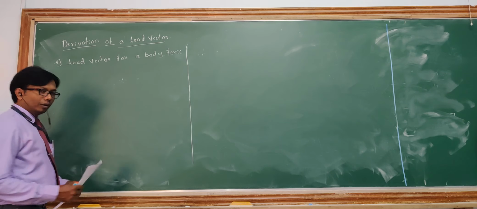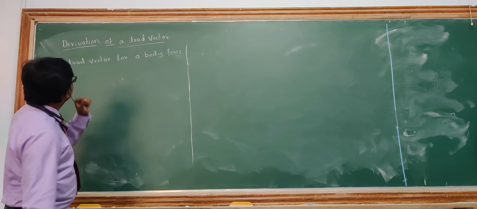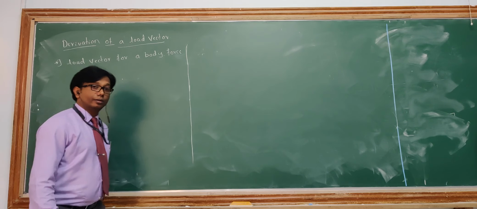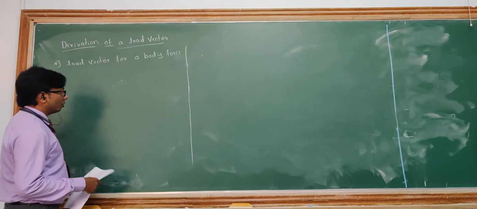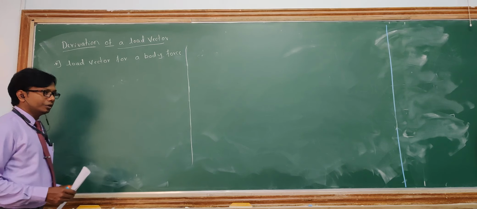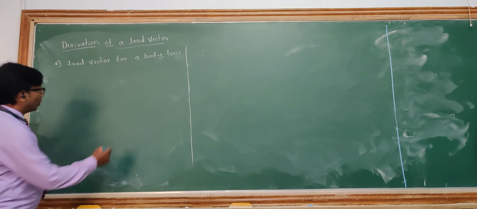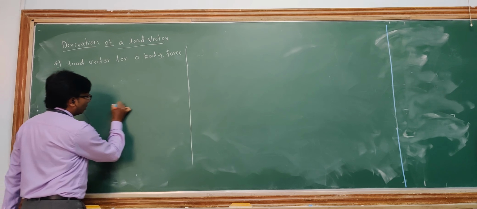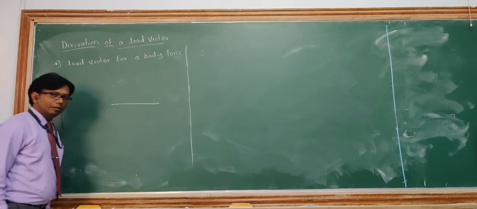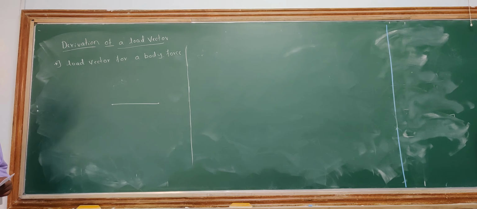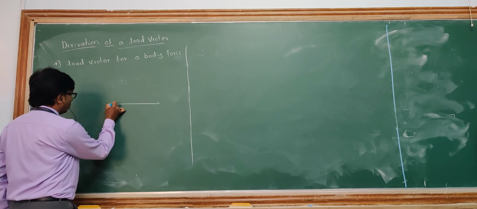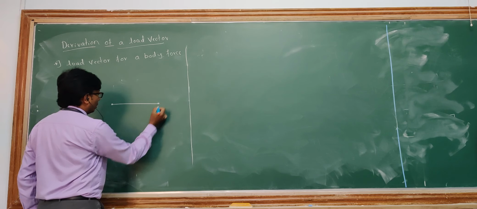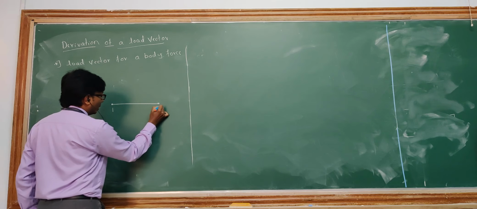Now we'll be seeing how to derive the load vectors. Okay, so what happens in FEM? Whenever we are solving a problem which is subjected to a load, you have to remember that in FEM, the load can only be given on the nodes. The load can be given on these particular nodes only.